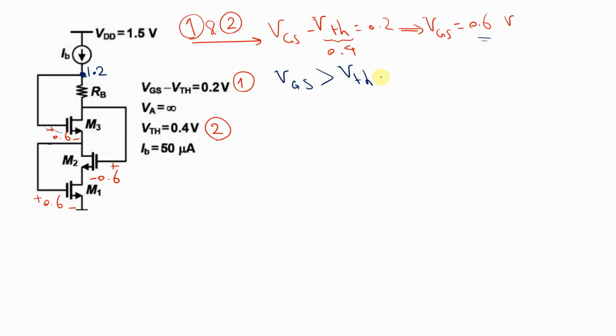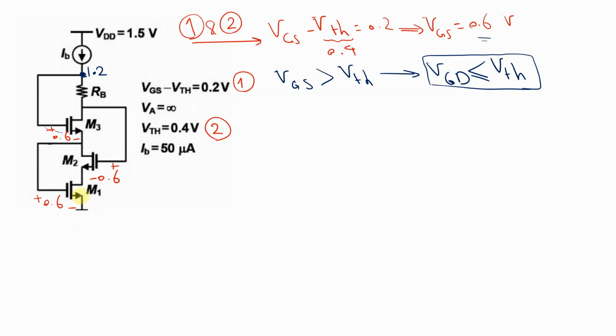Another condition is that the gate-drain voltage of an NMOS transistor must be less than or equal to the threshold voltage. So we have to check these conditions for all of these transistors, and after that we can get the conclusion for the suitable range for RB.